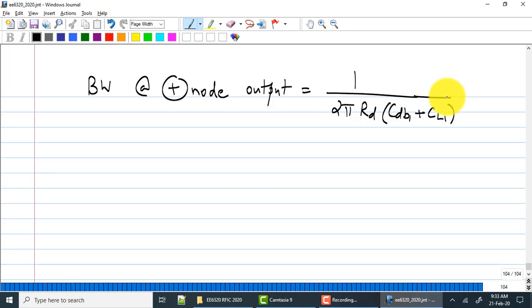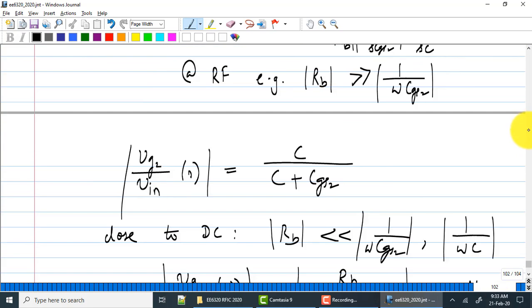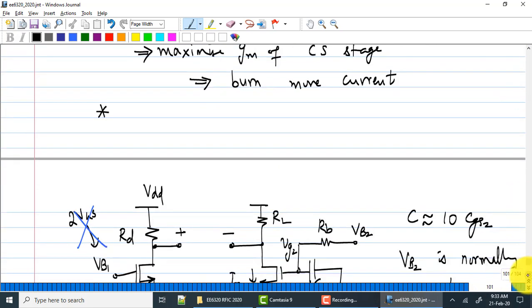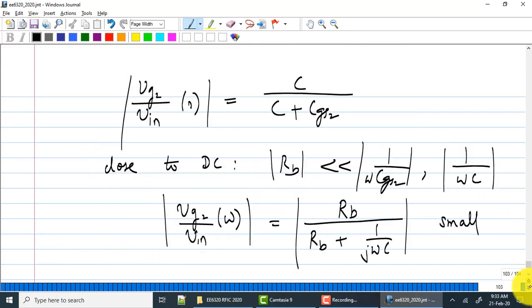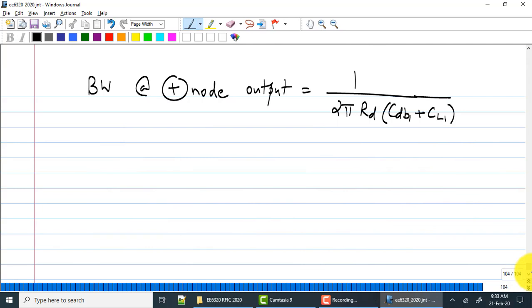Let's assume each side also has some capacitive load. Hopefully it is symmetrically loaded, but in case it is not, I'll just add CL2 here. So the bandwidth at the plus node is 1 over 2 pi RD into CDB1 plus CL1.